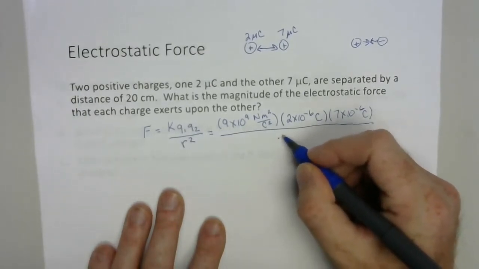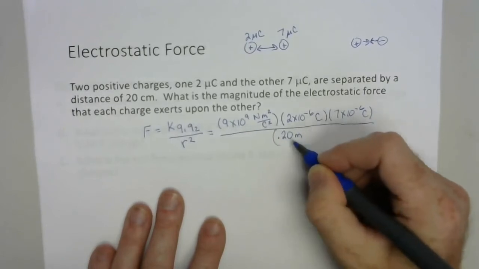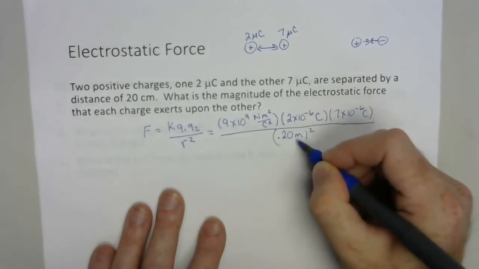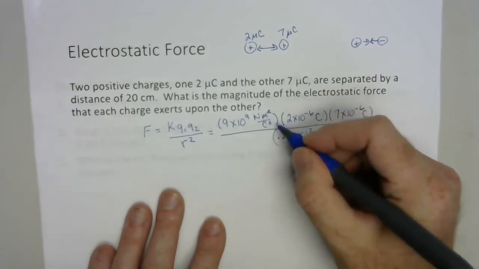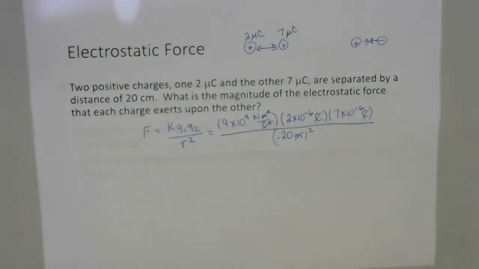Divided by the distance in meters, so 0.20 meters, and that is squared. The meter squared is going to cancel, and the coulomb squared is going to cancel. And then it's just a matter of running that through your calculator.